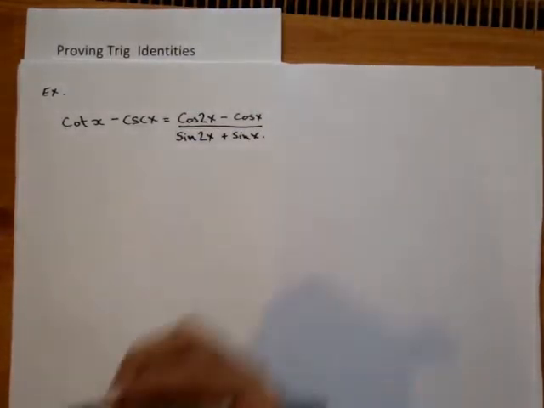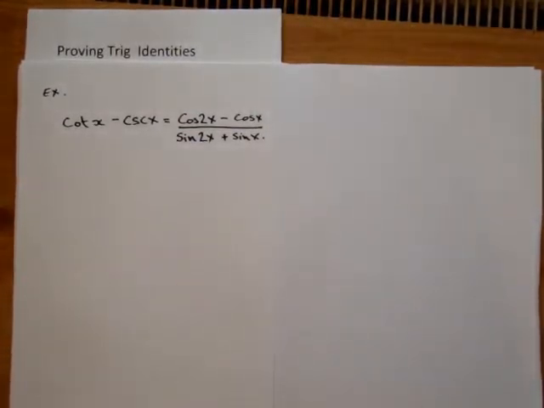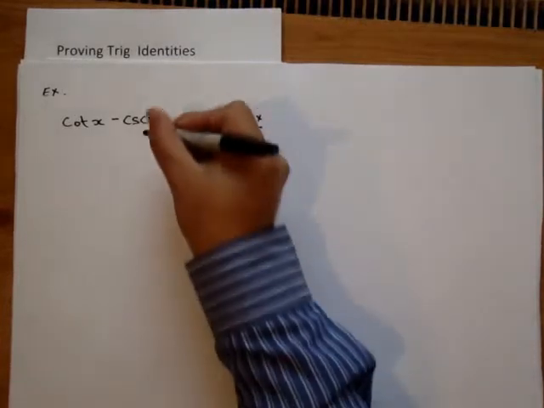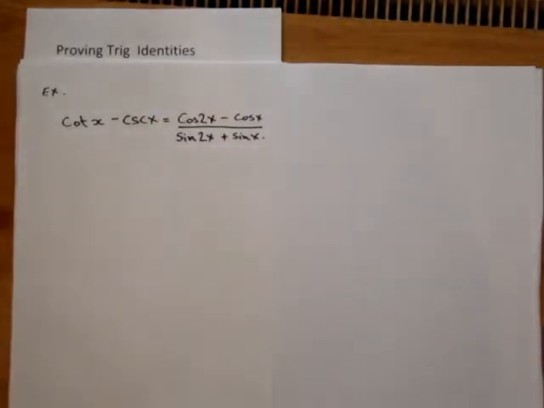So what to do? We have a mixture here of things that we can reduce to sine and cosine. So let's first of all start on the left hand side.